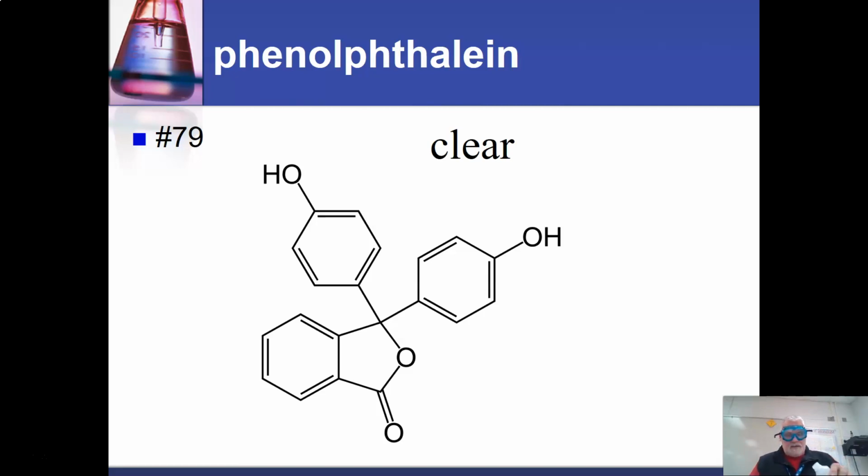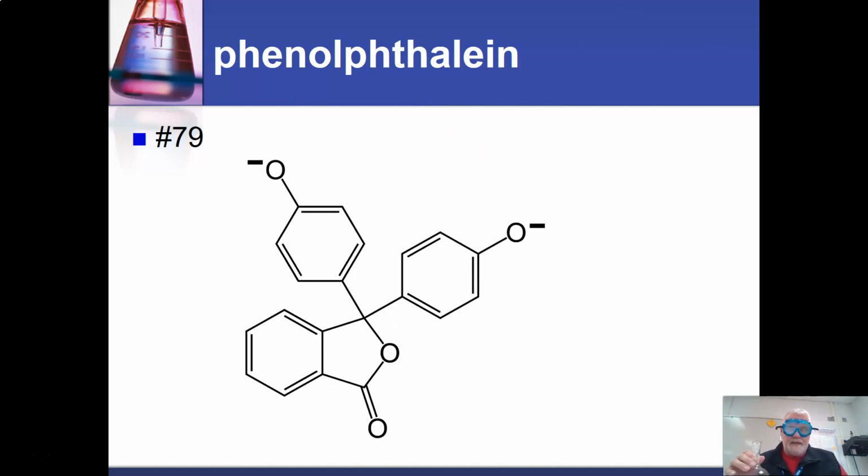When I add a little bit of base here, you can see there's a color change, and it goes to a different color. Here's what's happening chemically. Hit pause and redraw the whole thing. That is phenolphthalein without hydrogens.